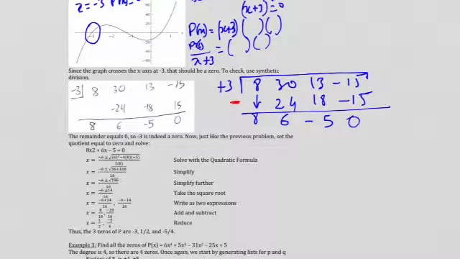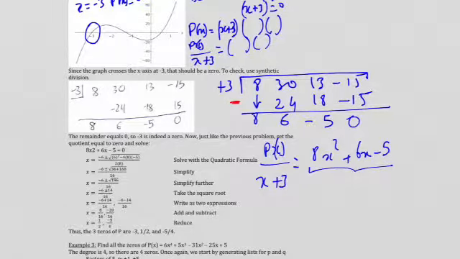And so my P of x divided by x plus 3 is going to be 8x squared plus 6x minus 5.